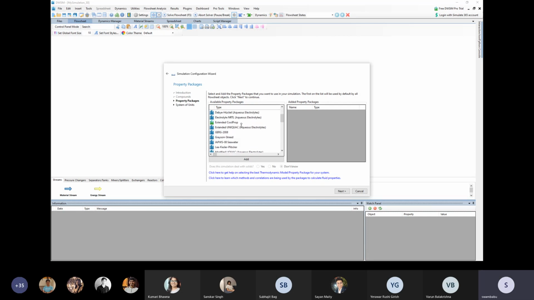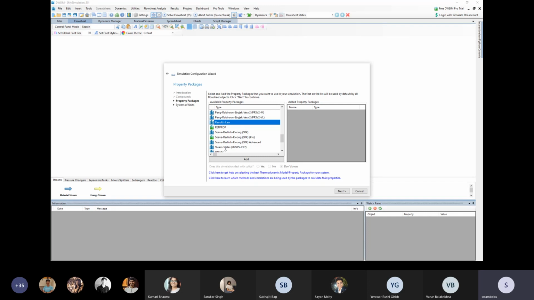Now, if you have simple organic solvents like ethanol, methanol in vapor form, or a gaseous form like CO2, we can use SRK. If it is very high temperature and very low pressure, we can use the Raoult's law property package.